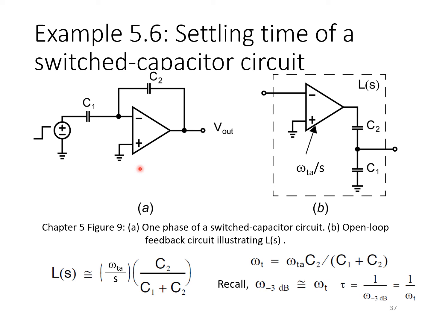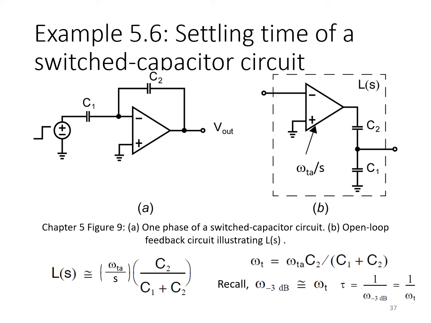Even if you're not familiar with switch capacitor circuits yet, you can just imagine that it's a negative feedback loop with a capacitive voltage divider for the feedback network, and there are switches that are applying transient step voltages to this circuit and periodically resetting them. So we're very, very interested in how long it takes for the output of this op-amp to settle when a transient step is applied over here.